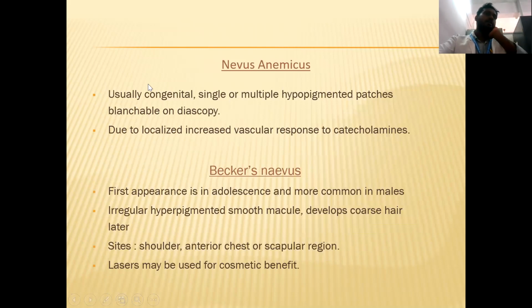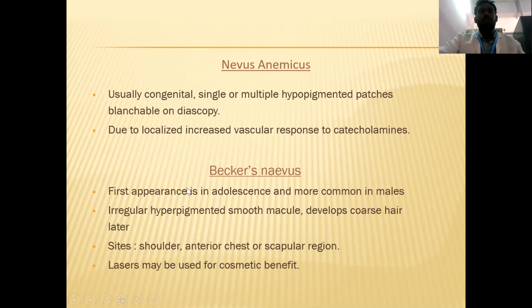Nevus anemicus on the other hand usually will be congenital, single, or sometimes it can be multiple hypopigmented patches. One important thing is it is blanchable or diascopy positive, whereas nevus depigmentosus won't be blanchable or diascopy positive. So nevus anemicus happens due to localized increased vascular response to catecholamines.